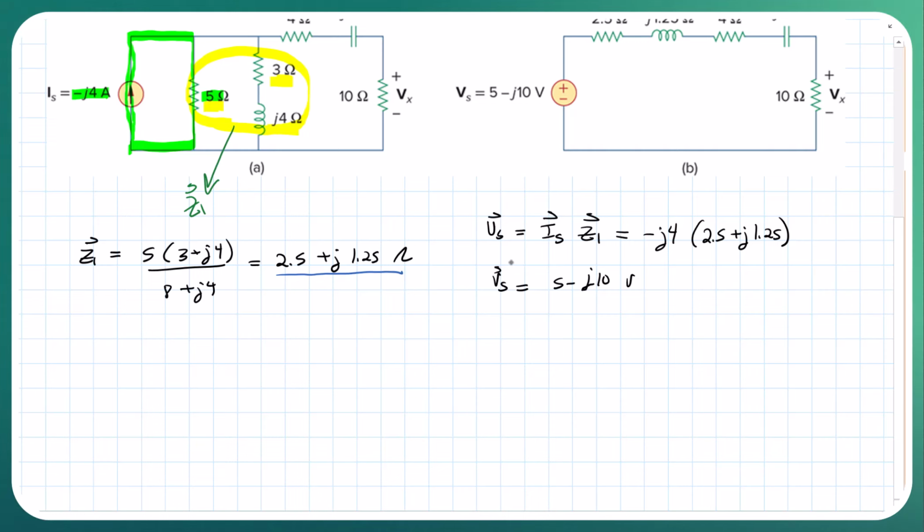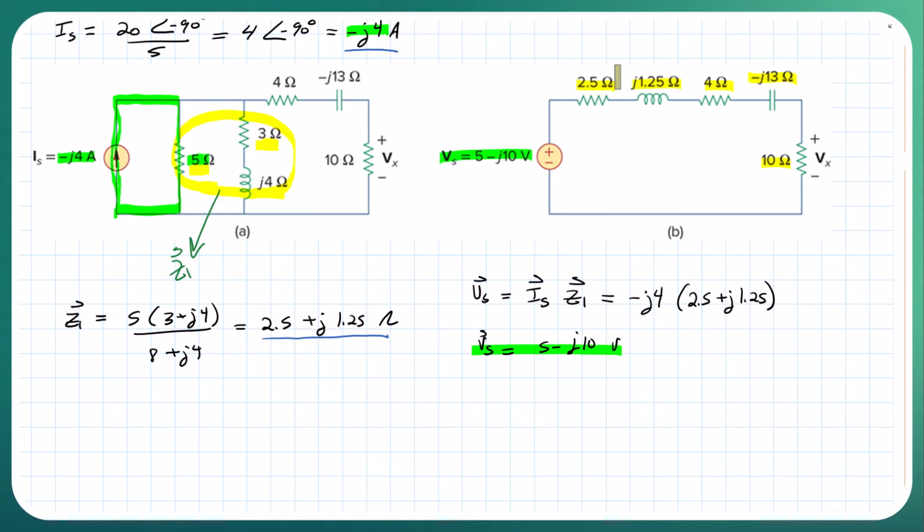So we've got our 10 ohms here, minus J3, 4 ohms, J1.25 and then 2.5, and now we've got our Vs as 5 minus J10. Okay, so this 2.5 plus J1.25 is really, let me go ahead and highlight this, our Z1 is really going to be this guy here.